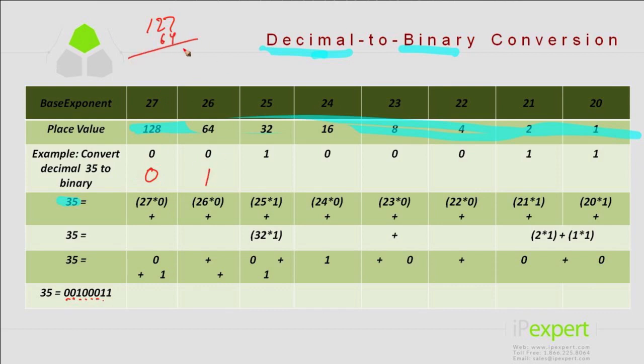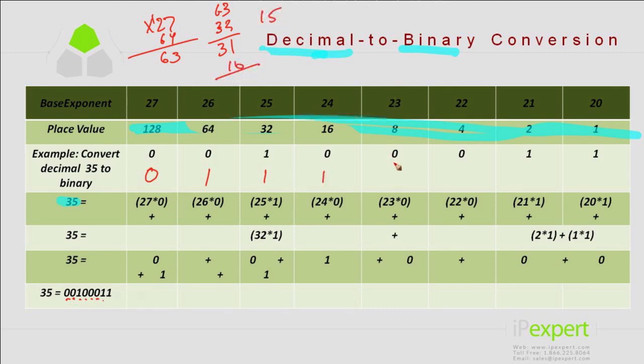So subtract 64, that leaves me 63. All right, so can I subtract 32 from 63? Yes. So 63, take away 32, that's going to leave me 31. Can I subtract 16 from 31? Yes. 16 from 31 is going to leave me 15.